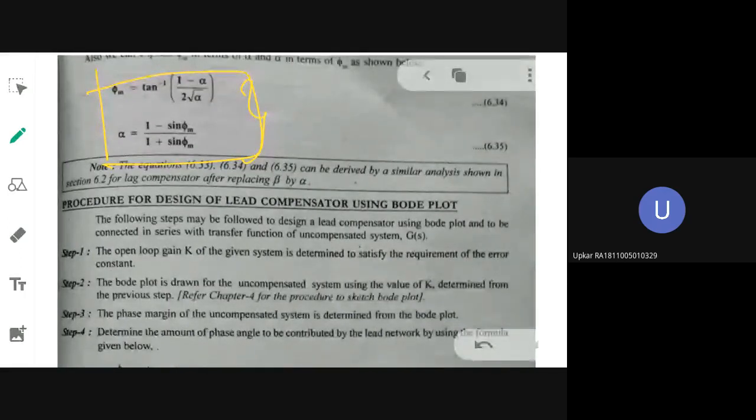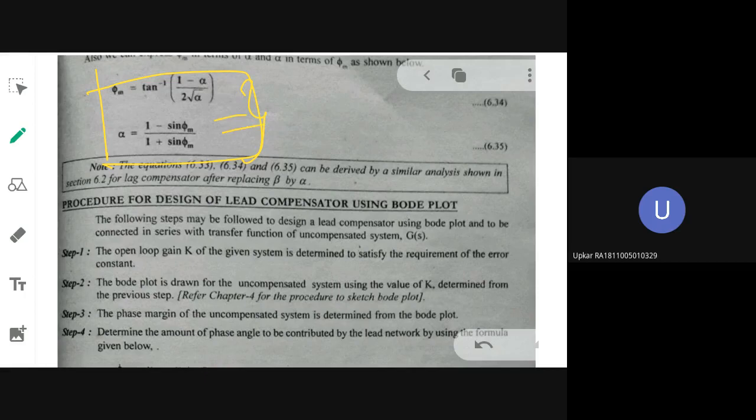So what is the formula for phi m? Tan inverse of (1 minus alpha) divided by 2 root alpha. And what is the formula for alpha? Alpha equals (1 minus sin phi m) divided by (1 plus sin phi m).